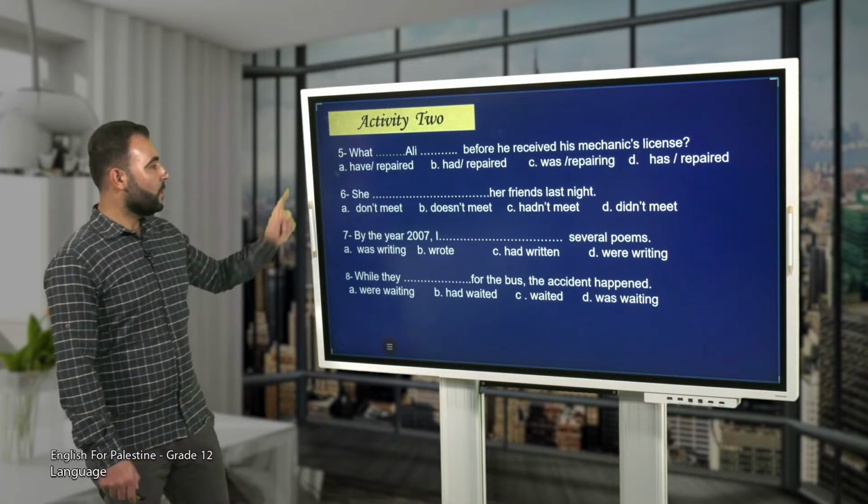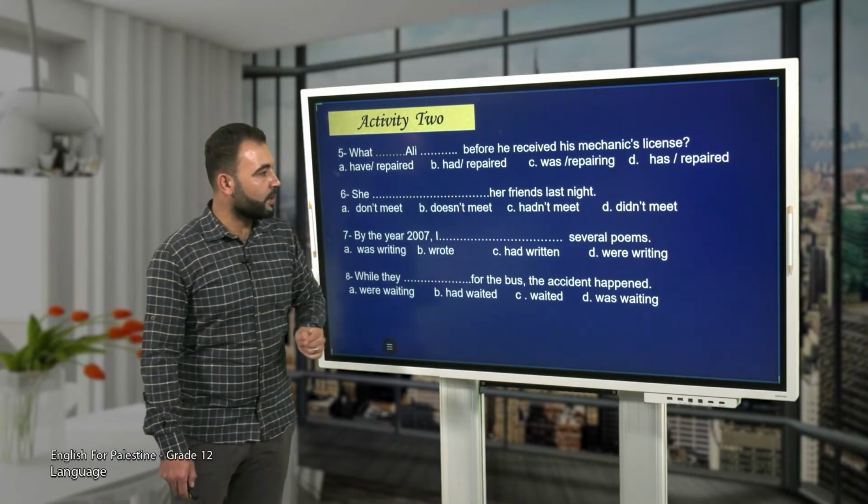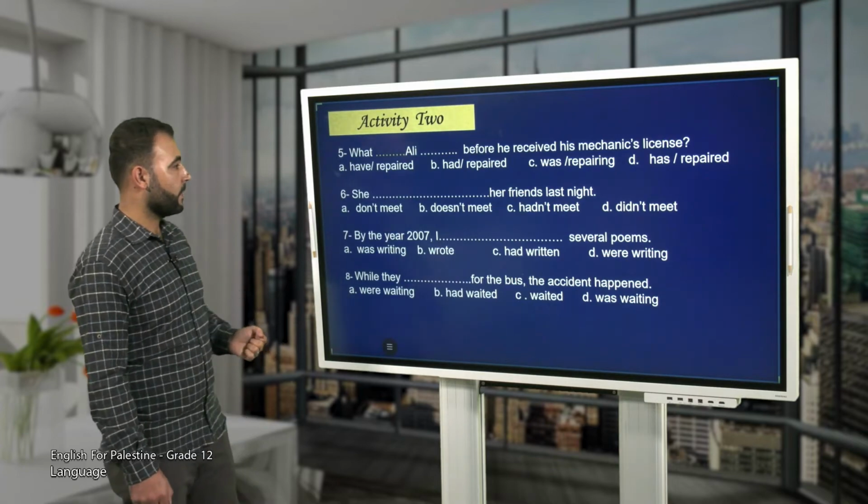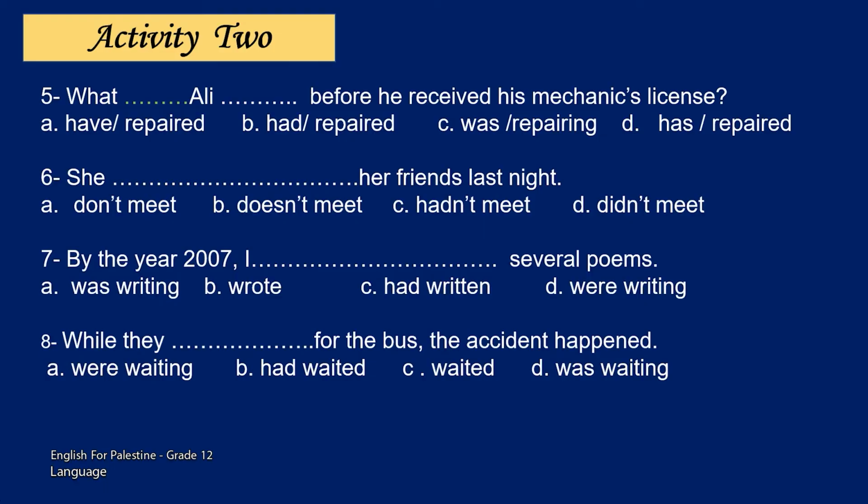Number 5 now. What Ali before he received his mechanic's license? The answer is B. What had Ali repaired? Number 6 now. She her friends last night. The answer is D. She didn't meet her friends last night. Number 7 now.